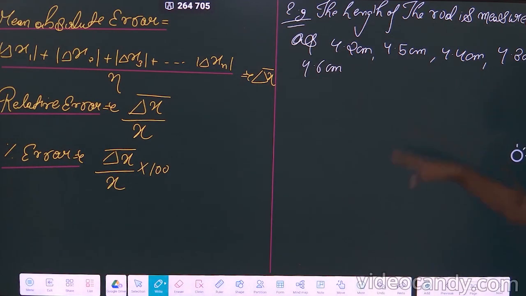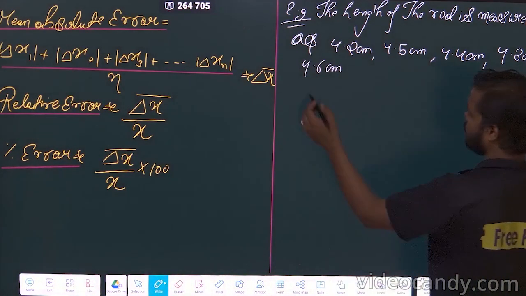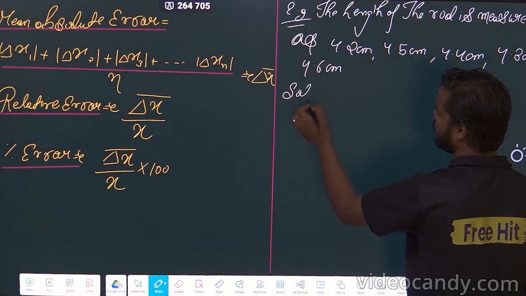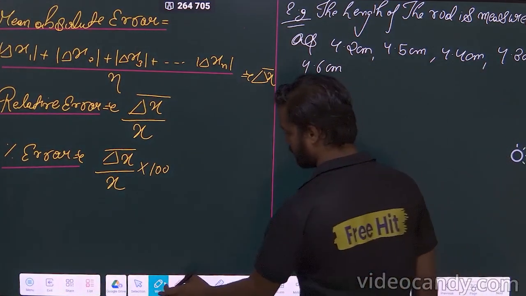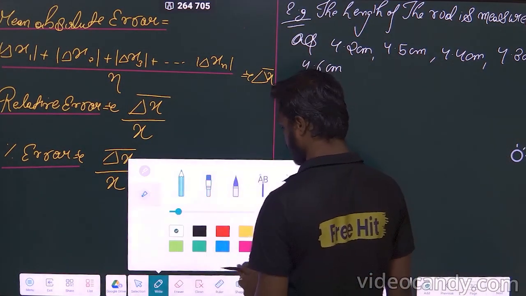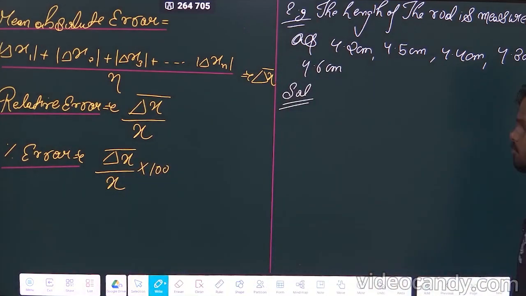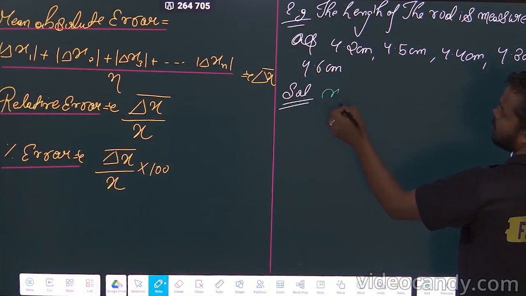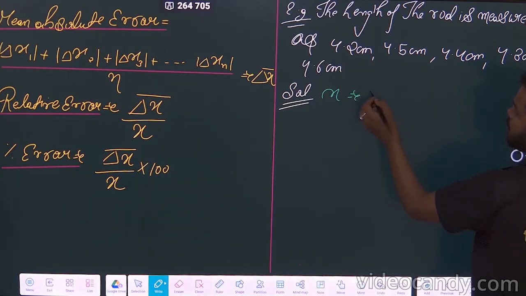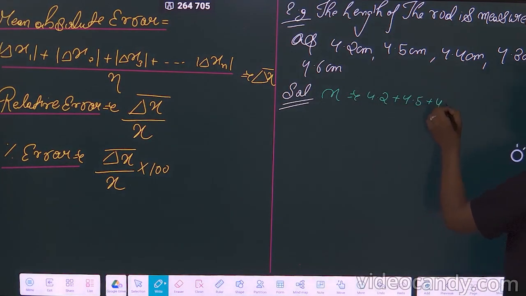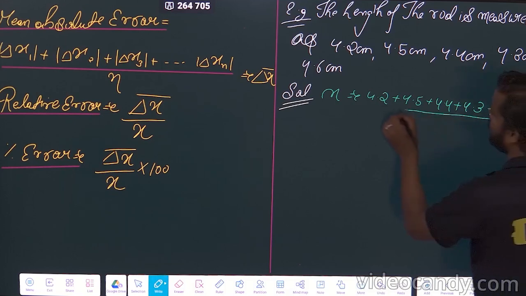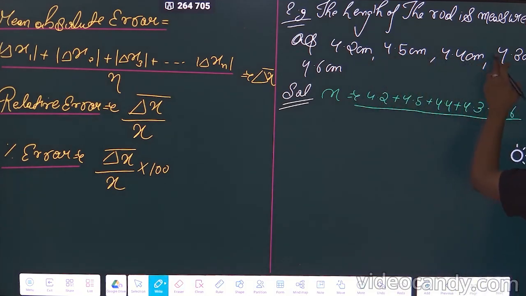First you have to calculate the true value, and then the rest. Let's see how we will do this question. It's very simple. First you calculate the true value, x. X will be the sum of all: 4.2 plus 4.5 plus 4.4 plus 4.3 plus 4.6, divided by how many values there are: 1, 2, 3, 4, 5.